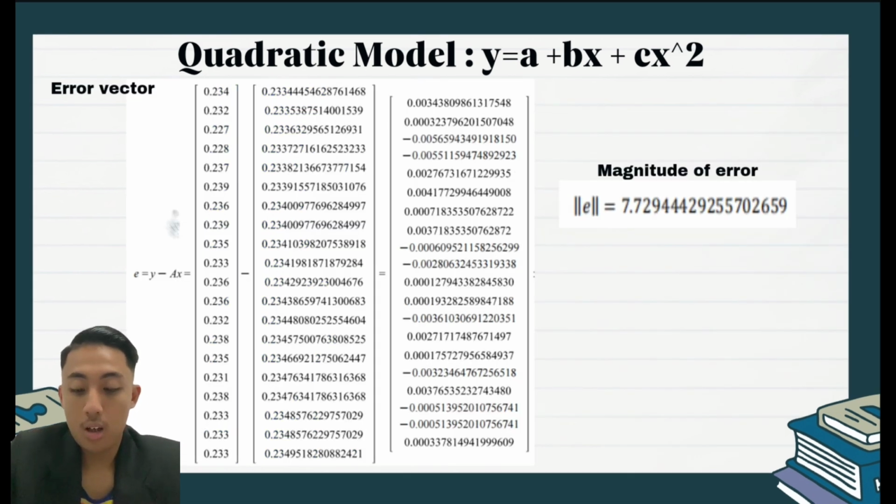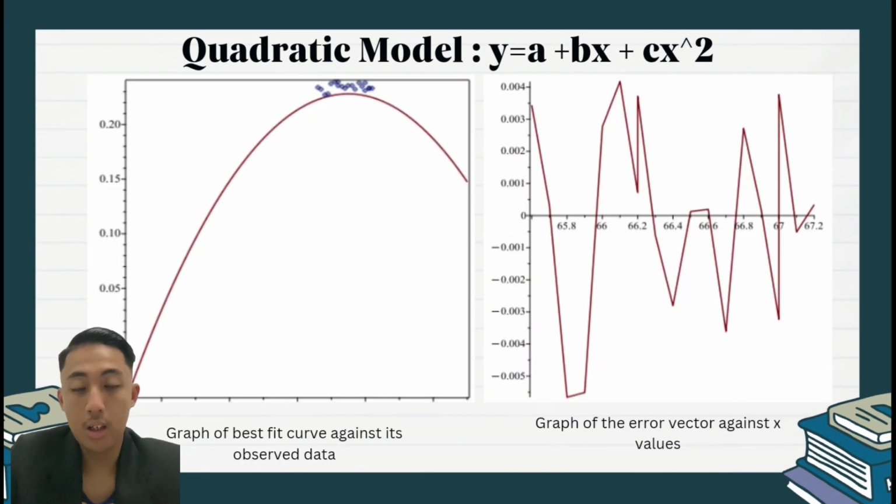Next, we find the error vector using the equation y minus Ax. So, the magnitude of error that we get from the calculation we had done earlier is 7.72944 and so on.